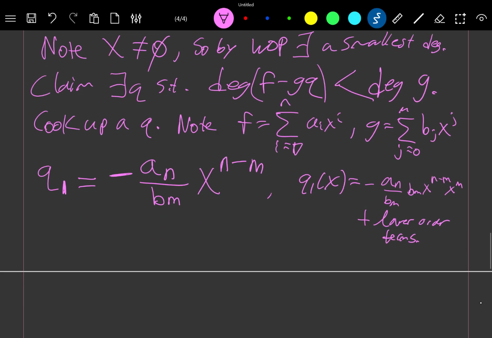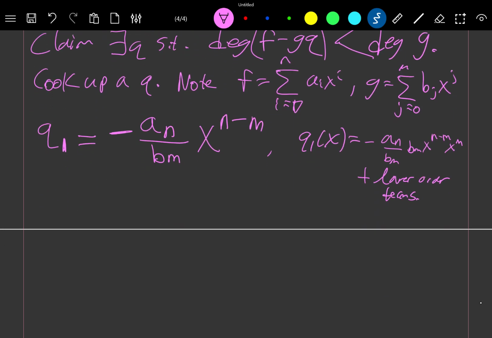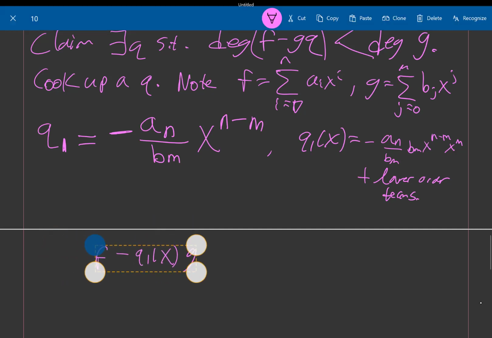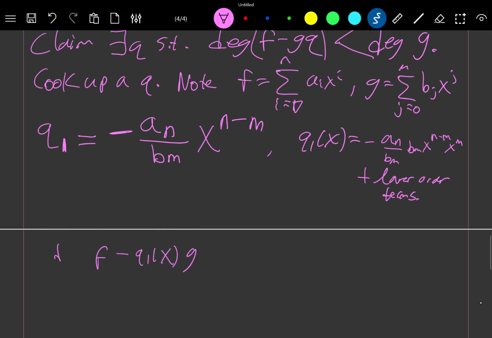So what we just cooked up shows that the degree of f minus q1 of x times g is less than n. We want it to be less than n.